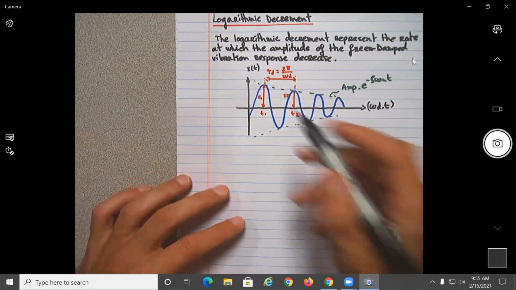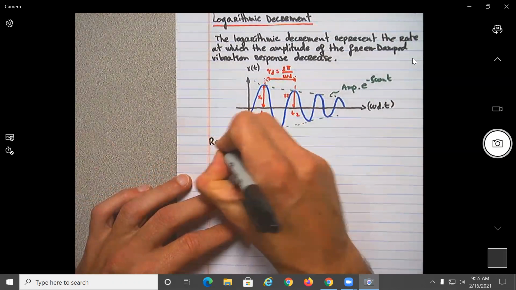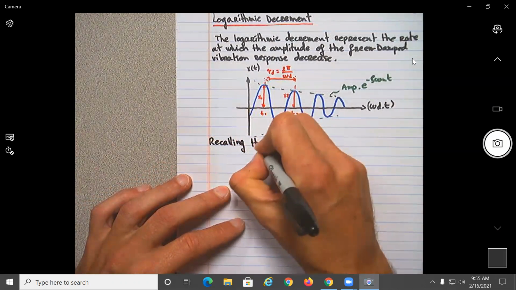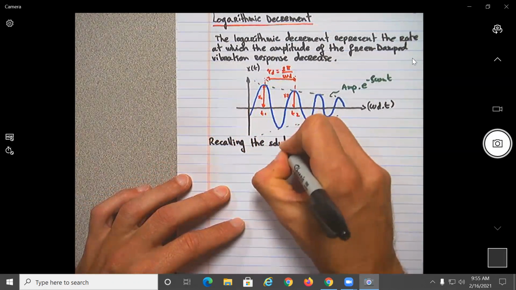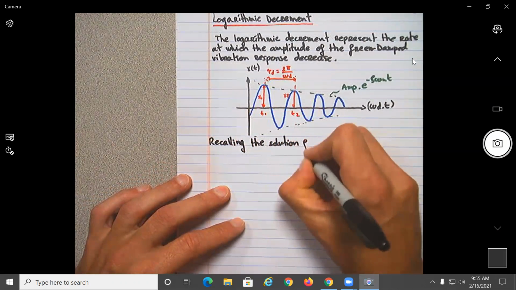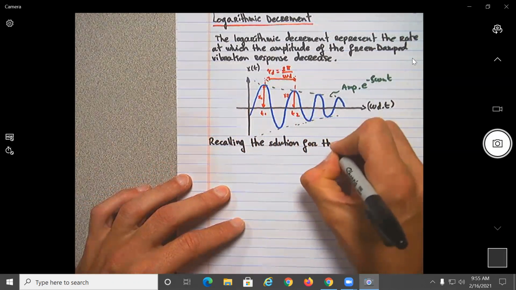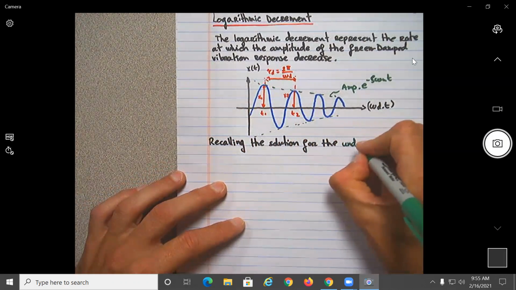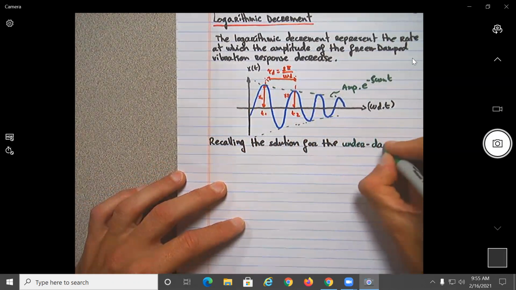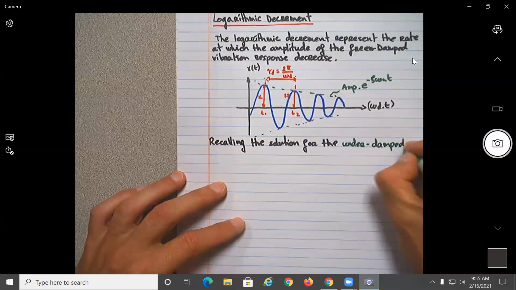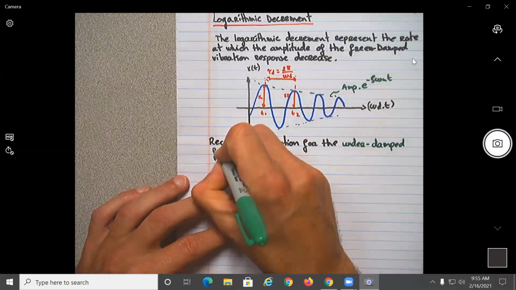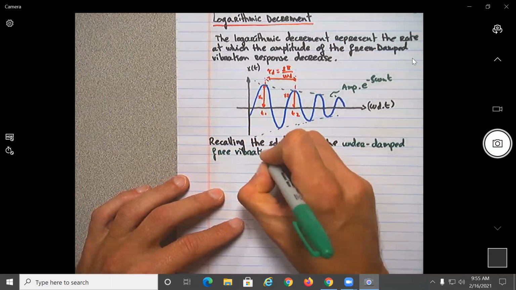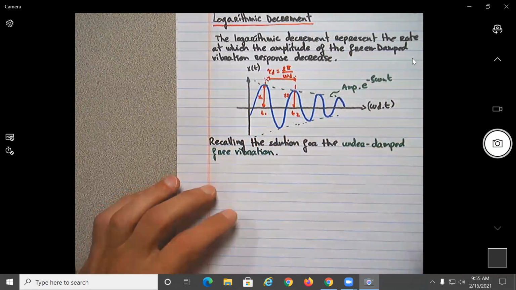All right, so let's say here we're calling the solution for the underdamped free vibration.